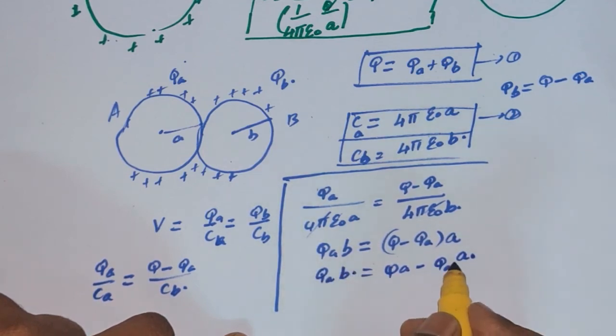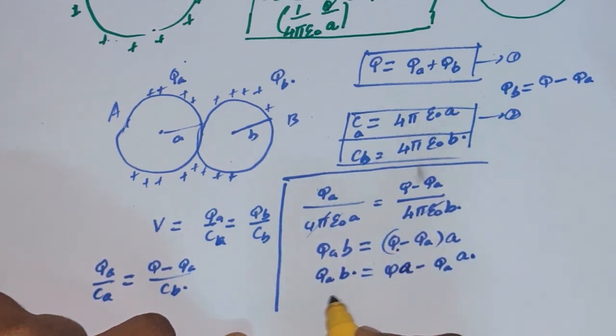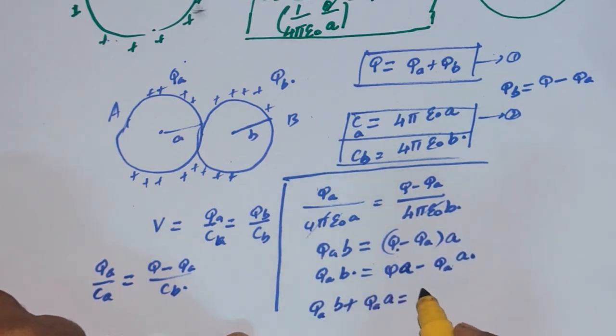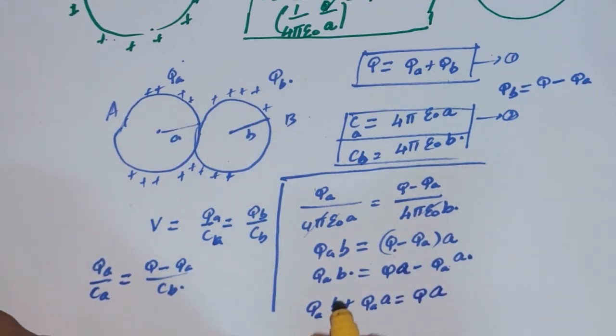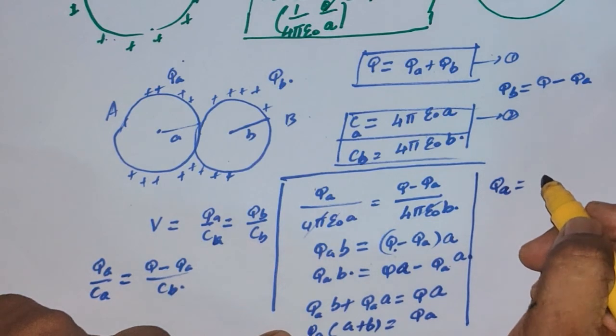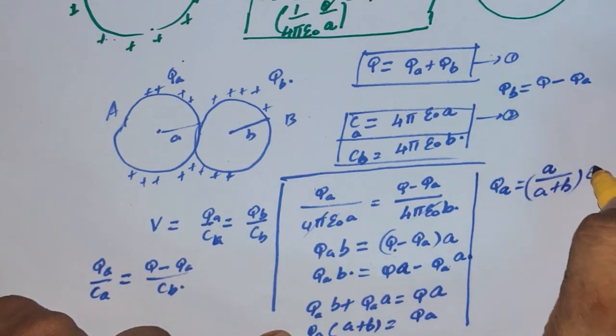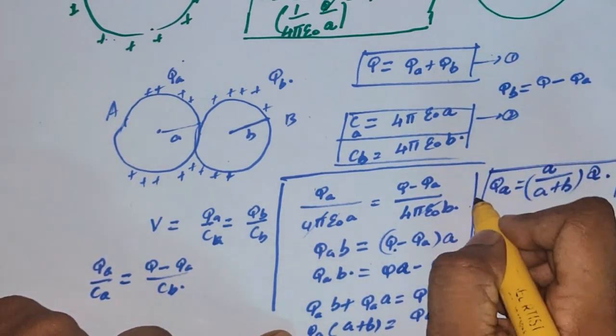Collecting the QA terms on one side: QA times b plus QA times a equals Q times a. Taking QA common, QA times (a plus b) equals Q times a. So QA, the charge on the sphere after touching, equals a by (a plus b) times the total initial charge. This is the answer.